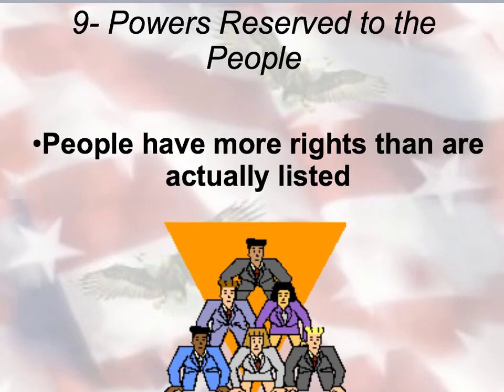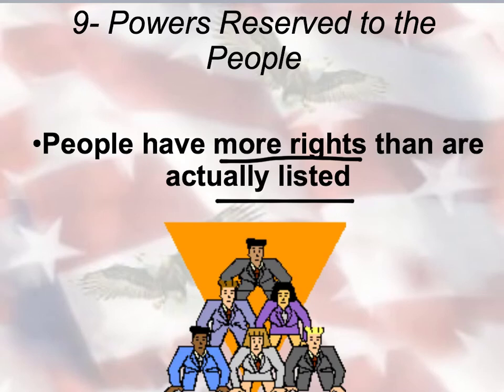And the Ninth Amendment basically says that citizens' rights are not limited to those listed in the Constitution. All right? So we have more rights than are actually listed. You have the right to wear the type of clothes you like. You have the right to live in the type of house you want, or the kind of car you want to drive, or the food you want to eat.